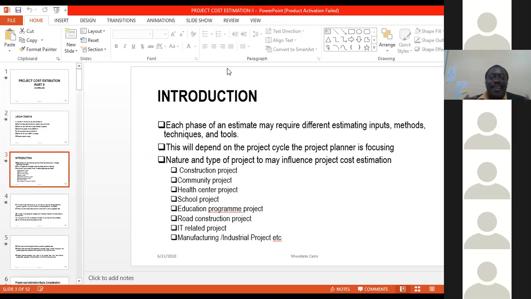In here, we are not intending to become an accountant, because the work of an accountant will be to prepare cost based on the cost estimation. But for us, as a manager, you need to plan these costs based on the project's perspective. And it will differ from project to project.